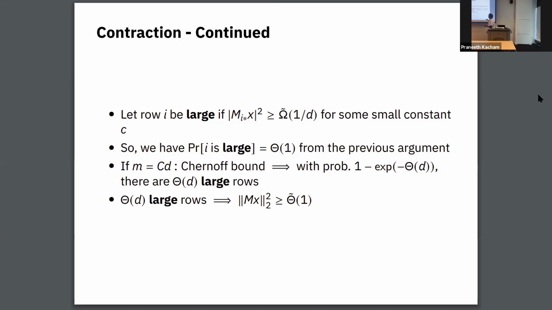Okay. So you can give me any vector x that has a large number of large coordinates as defined. Then with very high probability, that is 1 minus exponential in minus theta d, a very small failure probability, Mx squared would be large, for a unit vector that satisfies the guarantee.